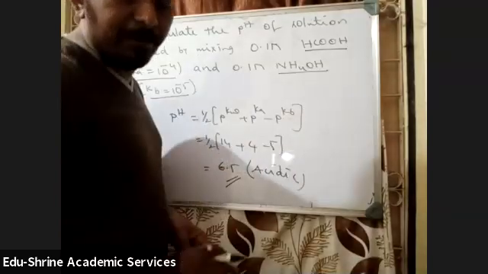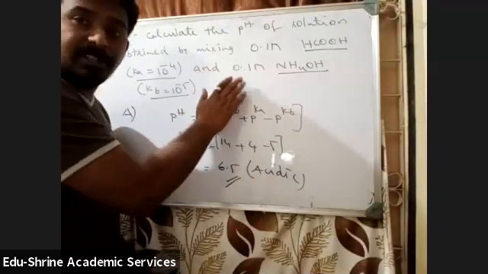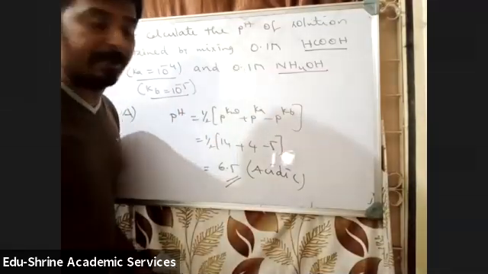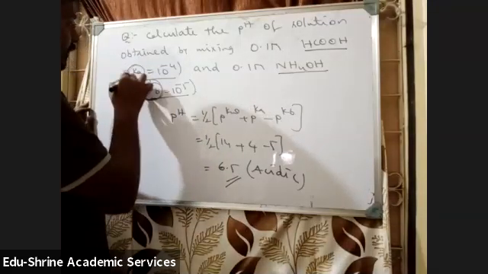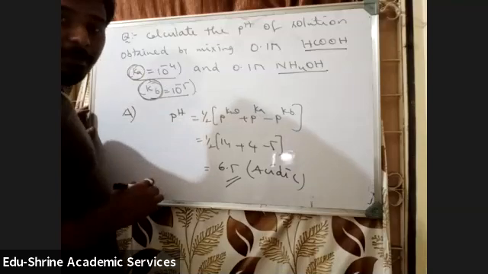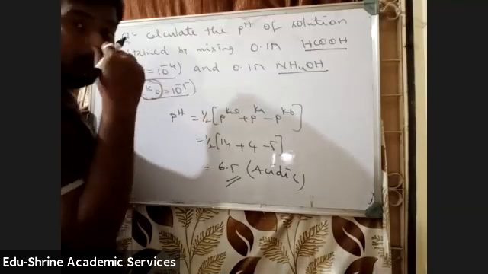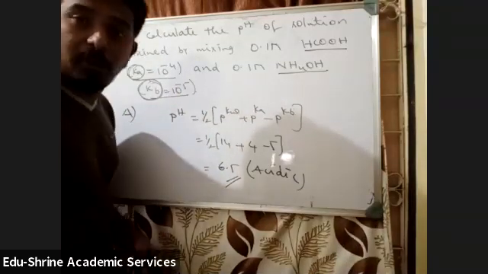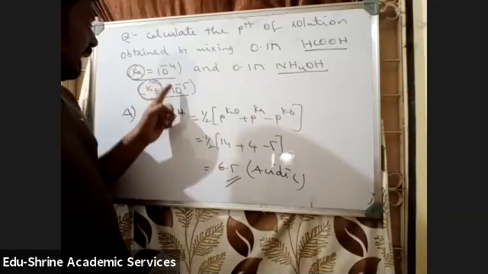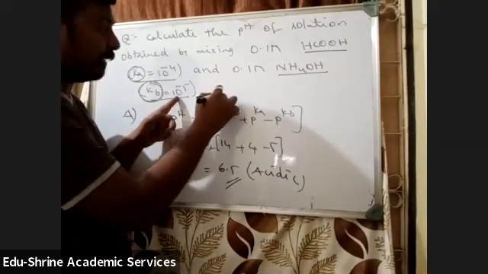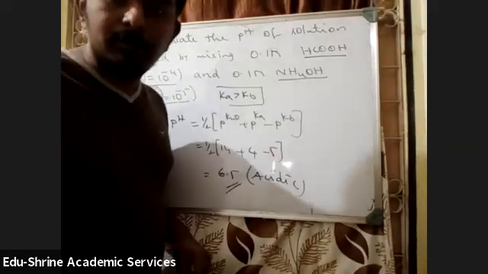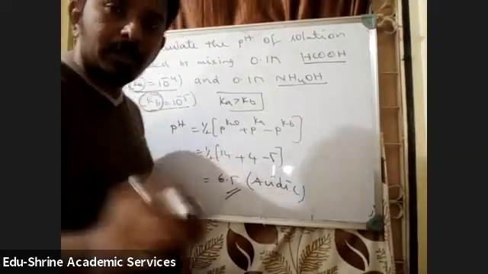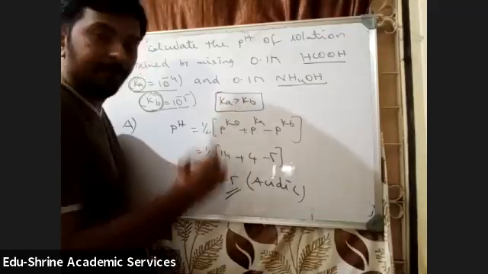It's simple, student. So how will you decide the nature of solution for weak acid and weak base? By seeing the value of Ka and Kb. If Ka value is more, it will be acidic. If Kb value is more, it will be basic. So here Ka value is more compared to Kb.